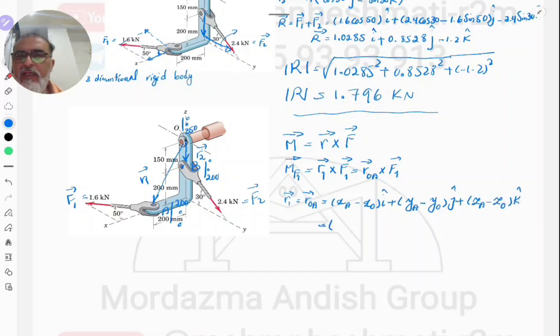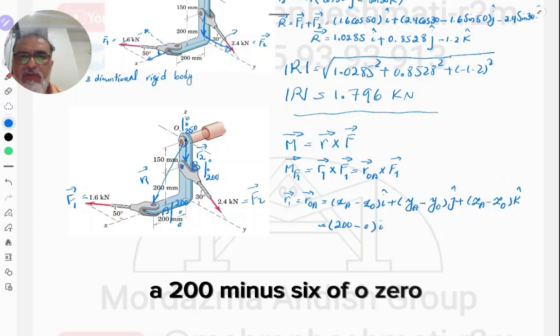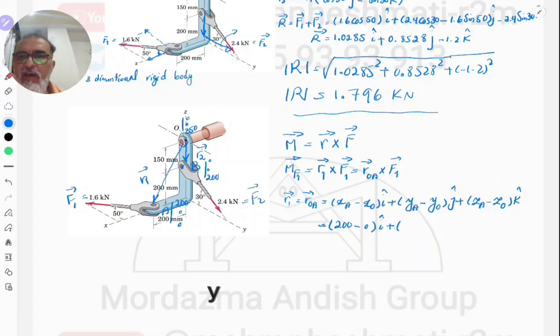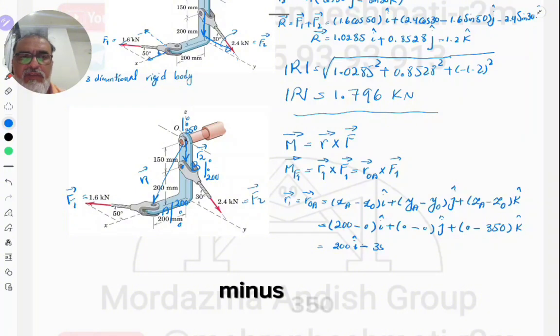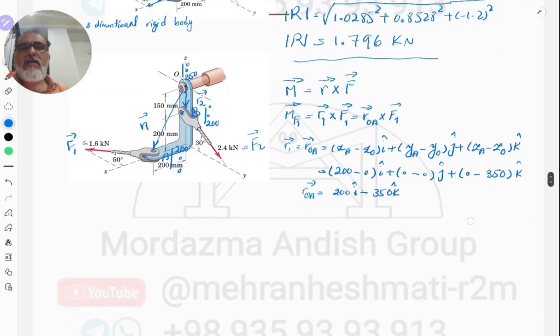X of A 200 minus X of O 0, Y of A 0 minus Y of O 0, Z of A 0 minus 350 k. That gives 200 i minus 350 k. That's it.